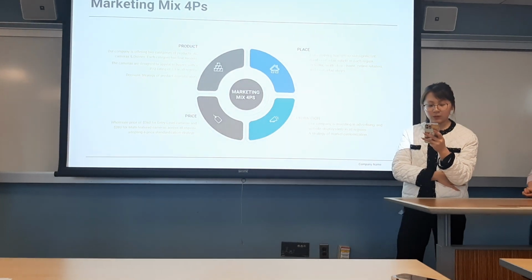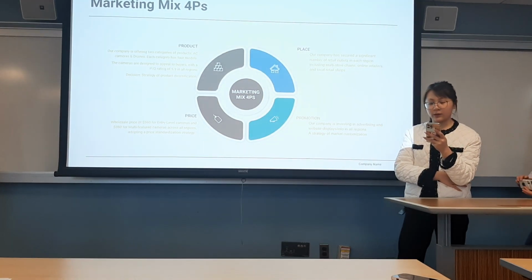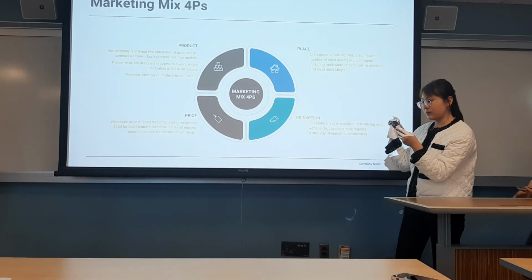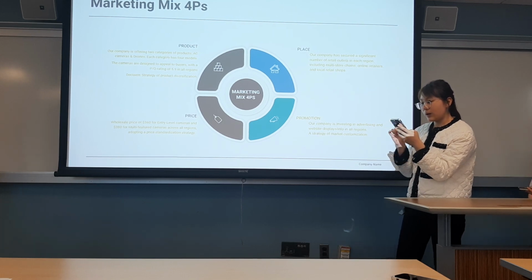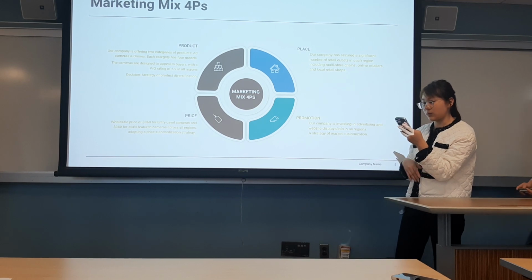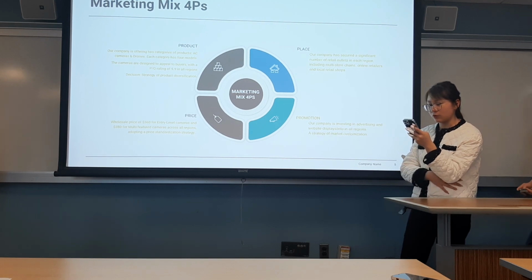To effectively market our cameras, we need to consider the marketing mix: product, price, place, and promotion. For the product, our company is offering two categories, the ones I just mentioned, entry and multi-feature. Each category has four models, providing customers with a range of options to choose from.